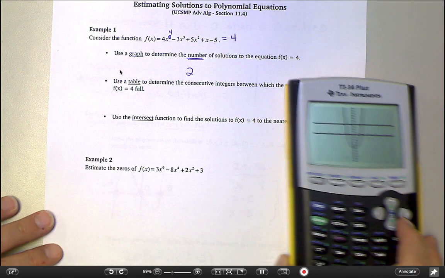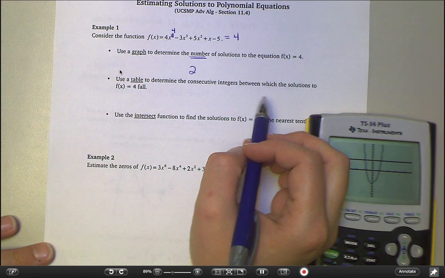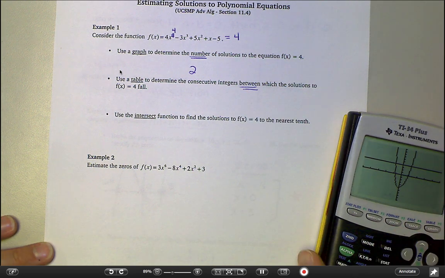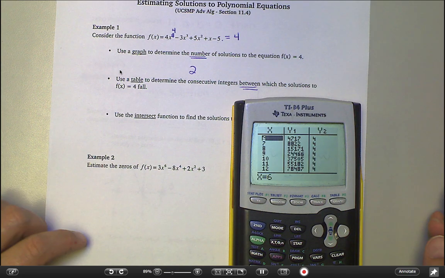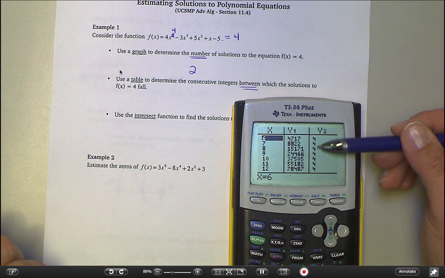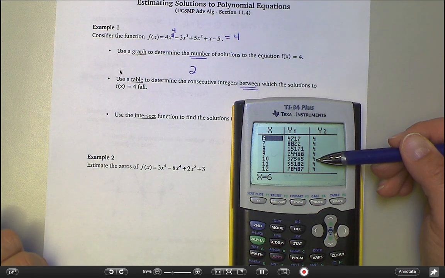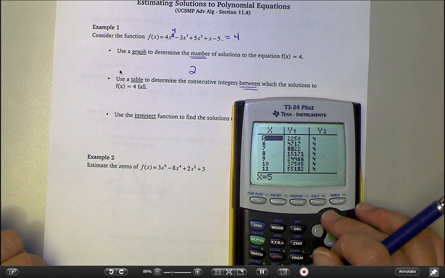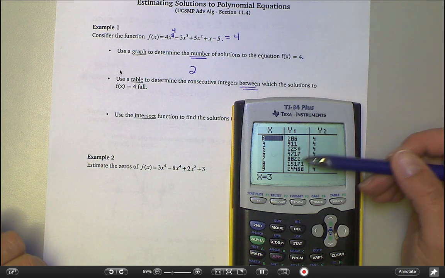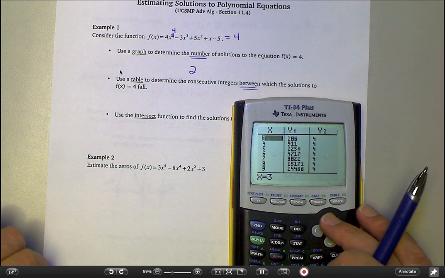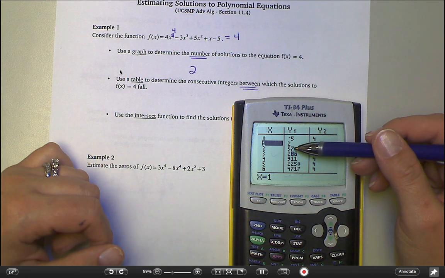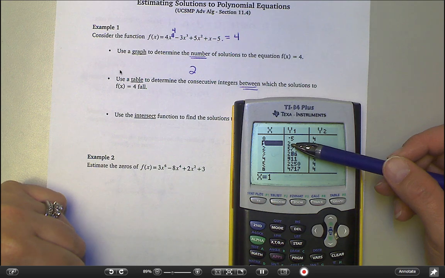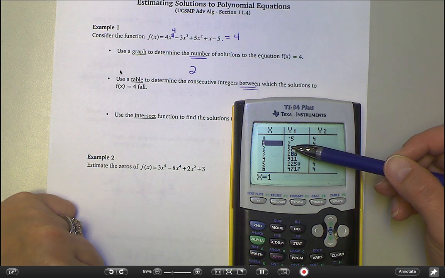Then it says use the table to determine the consecutive integers between which the solutions fall. Okay? So now I'm going to look at my table. And what I'm looking for, so the reason this is all 4s is this comes from that second section, right? But I want to see where this y1 is close to 4, okay? And gosh, it falls right in here. So, and I know this jumps really quickly, but see here between 2 and 57, obviously I would have a value of 4 in there somewhere.